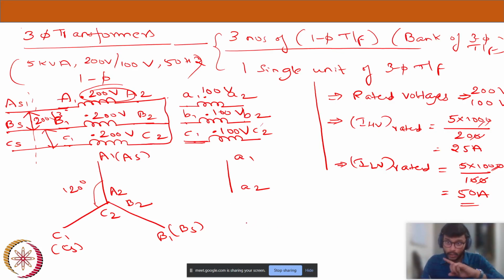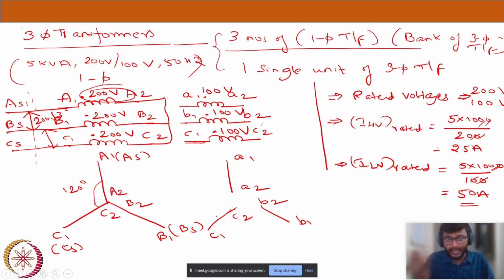My secondary induced voltage phasor will be parallel and in phase with that primary HV side phasor. So I know B1 and B2. Now same thing with C1 and C2. So these are my secondary phasors.